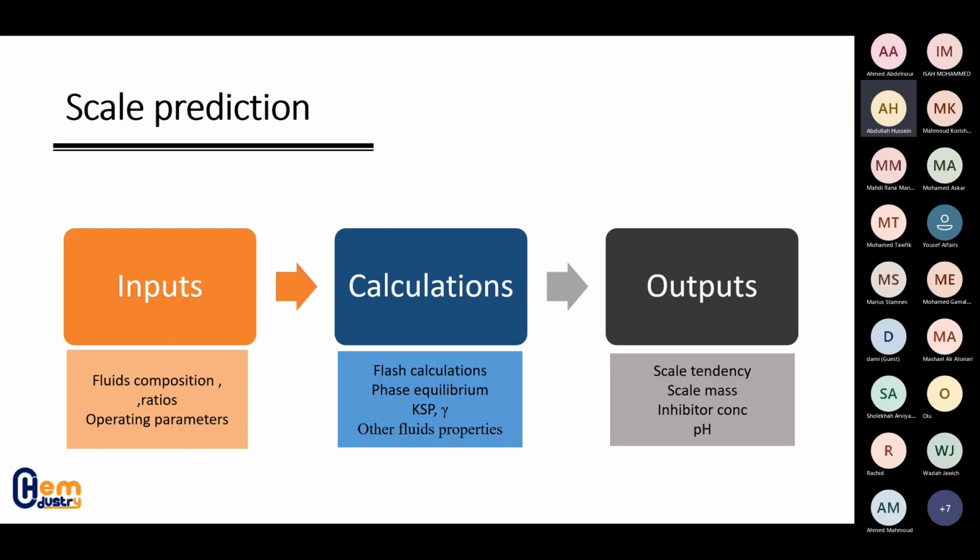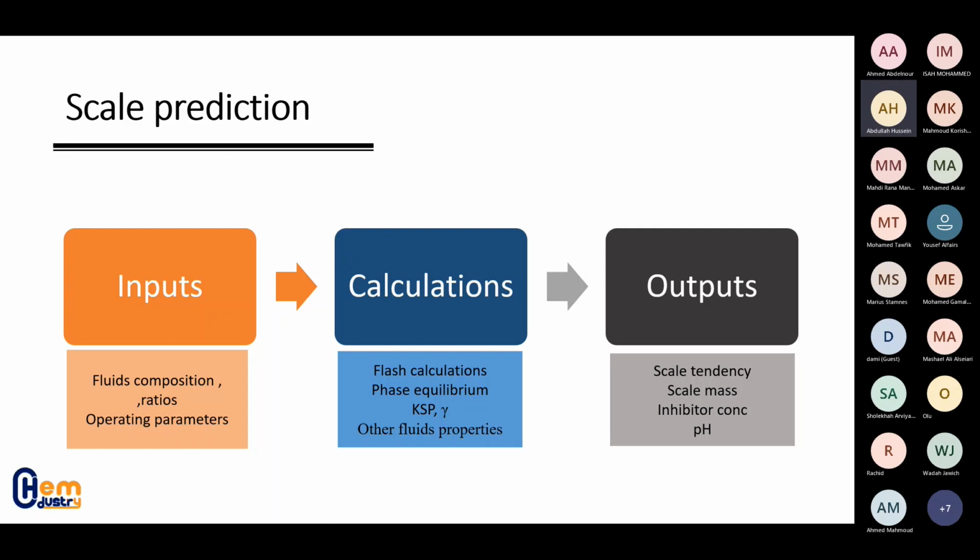We do the flash calculations, and we do the activity coefficient and the KSP and other properties for the phases, like some physical properties such as the viscosity, the density, and all these. And then we have the output, which is the scale masses, the scaling indices, and the amount of inhibitor that we need to inhibit the scale. And also they usually calculate the pH of the water, and they also do some calculations for the water phase properties.